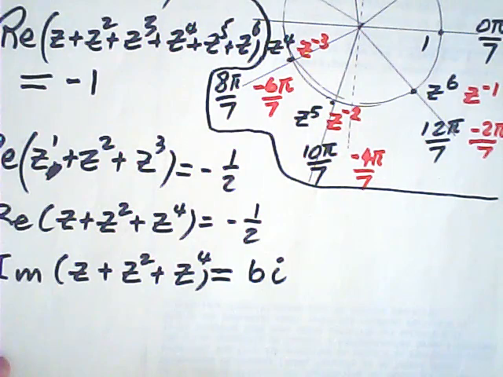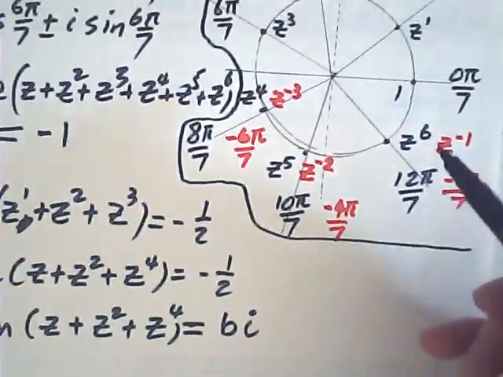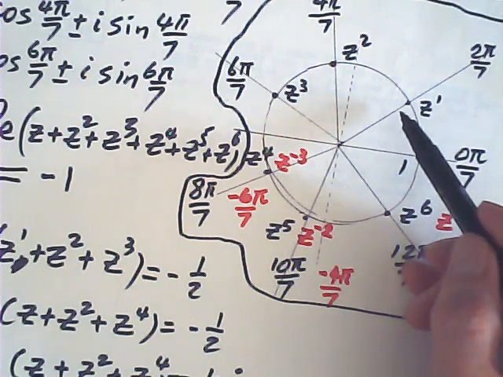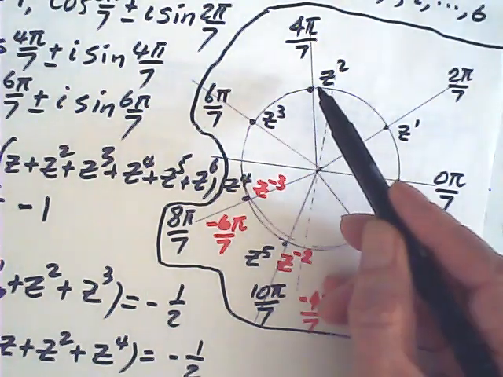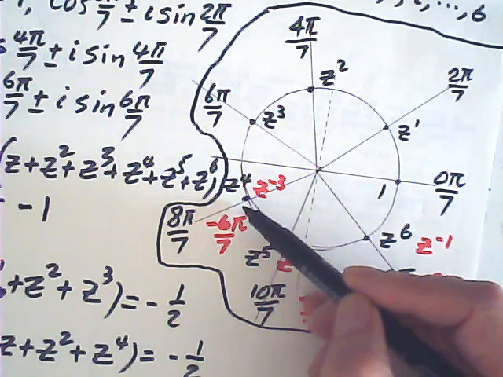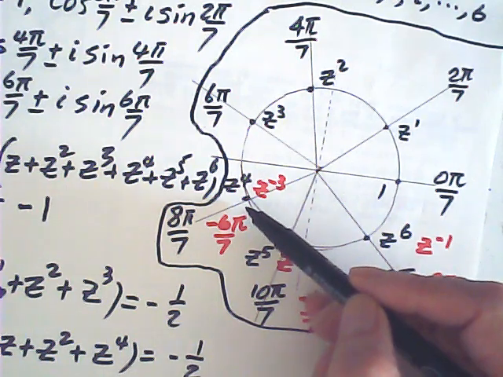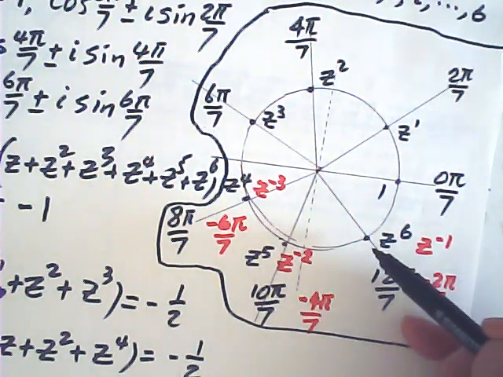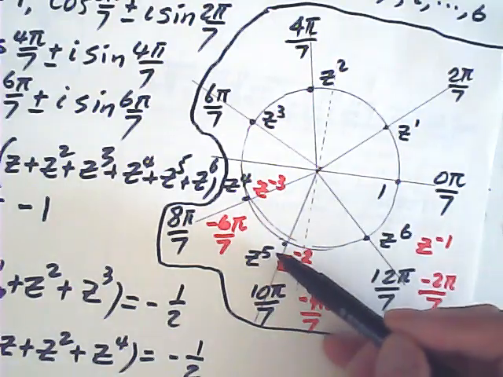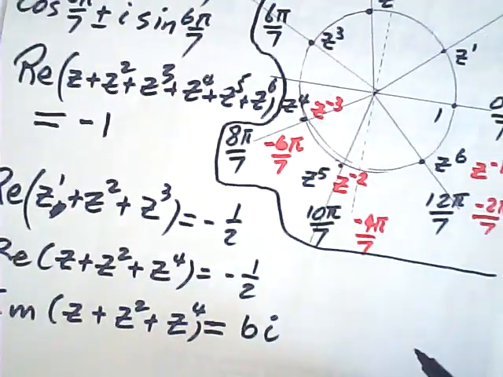And the sum of the real part and imaginary part is equal to this and that, right?